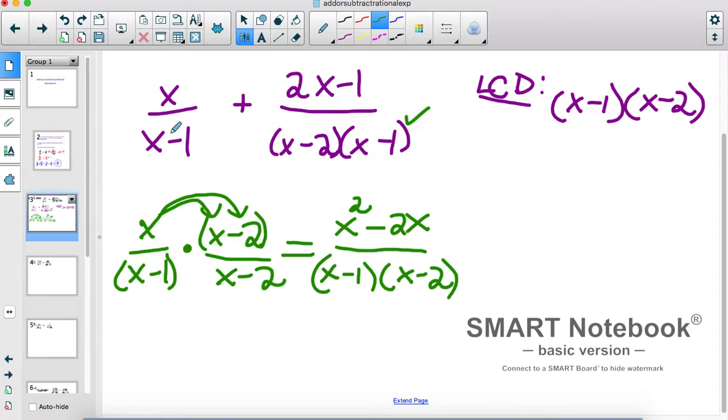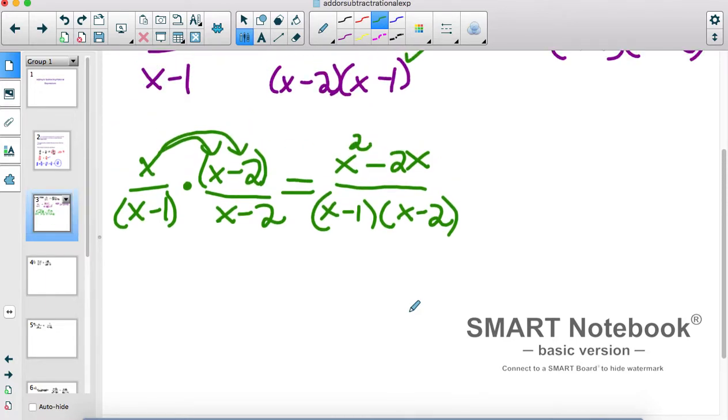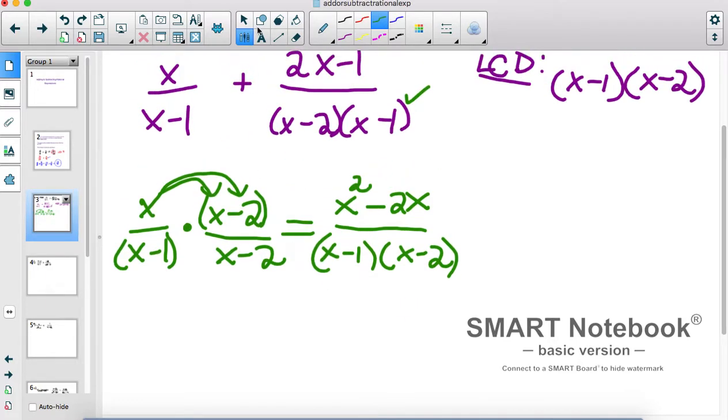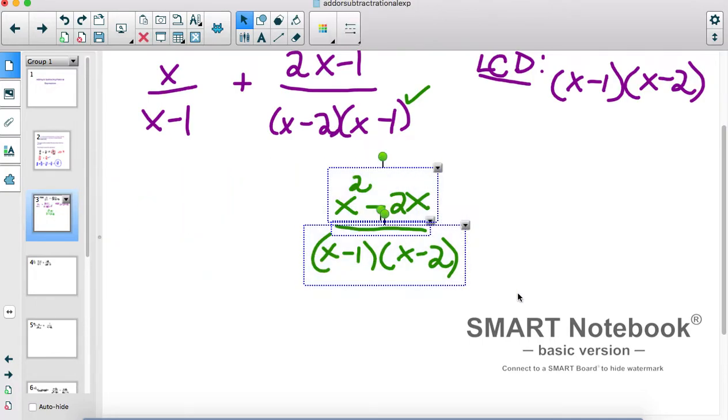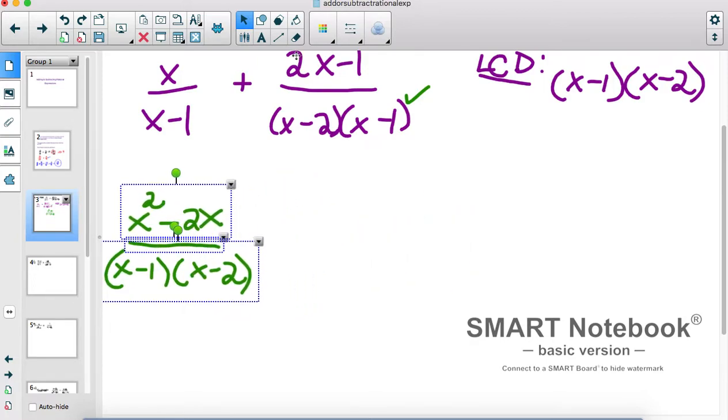So I'm just going to rewrite my whole sum. I'm just going to delete this. And this is now my first fraction, right?